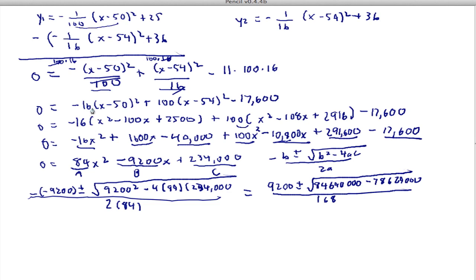And when we plug that into the calculator, we're going to get 9,200 plus or minus the root of 6,016,000 over 168. So we're going to have two possible values.